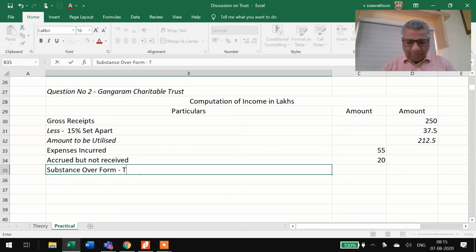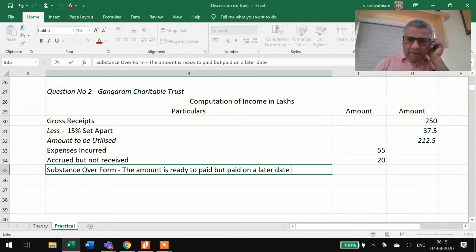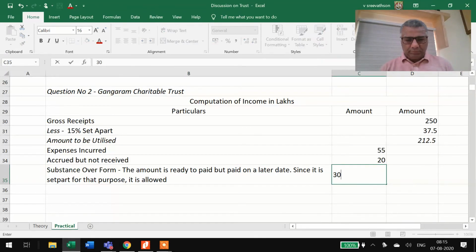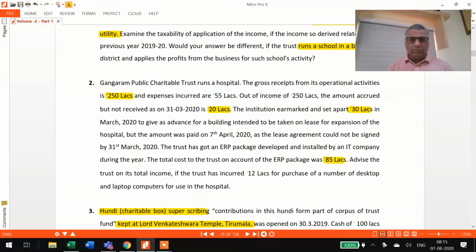Okay, the amount is ready to be paid but paid on a later date, that is within 7 days. As Hariharan was saying, it's paid before the due date itself. Okay, since it is set apart for that purpose, it's allowed.